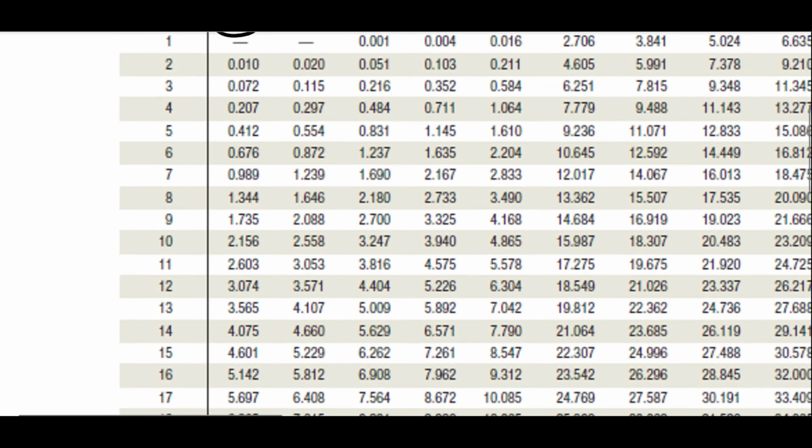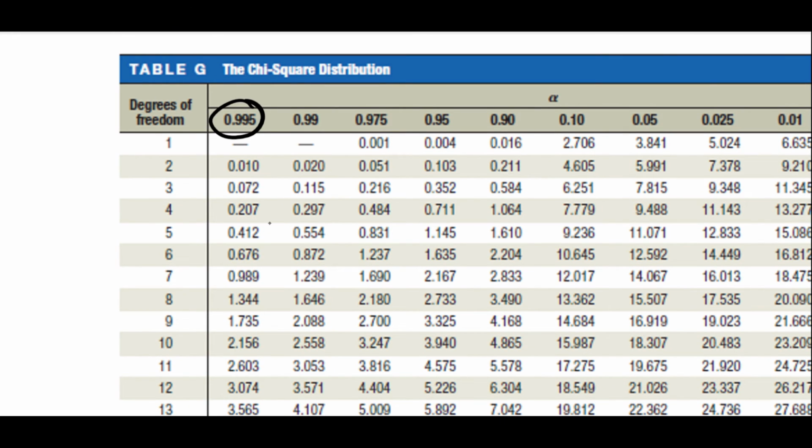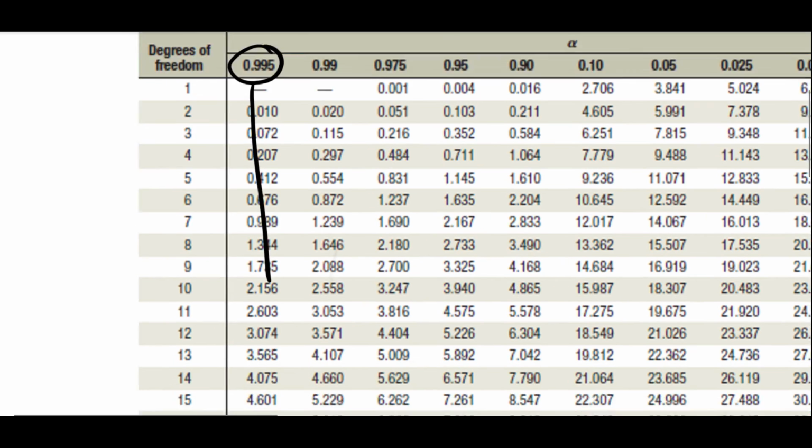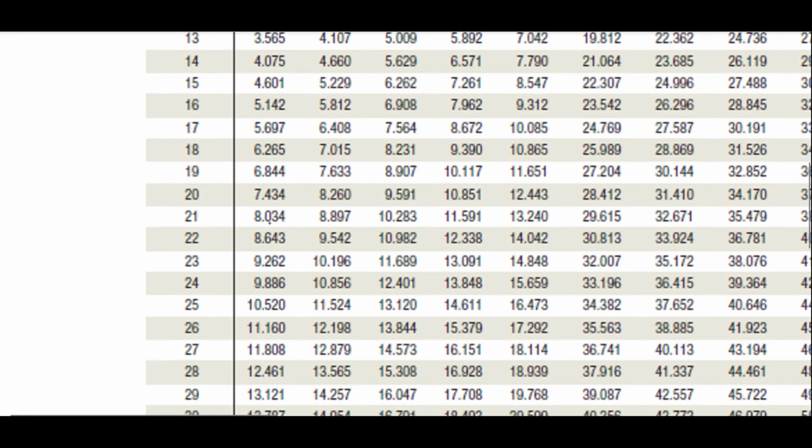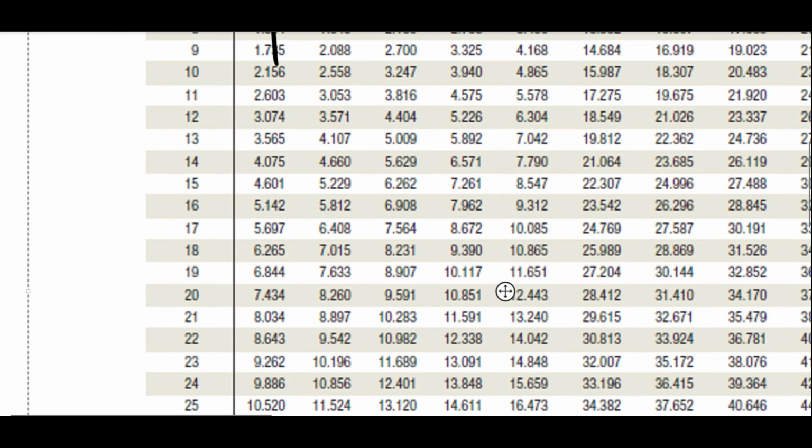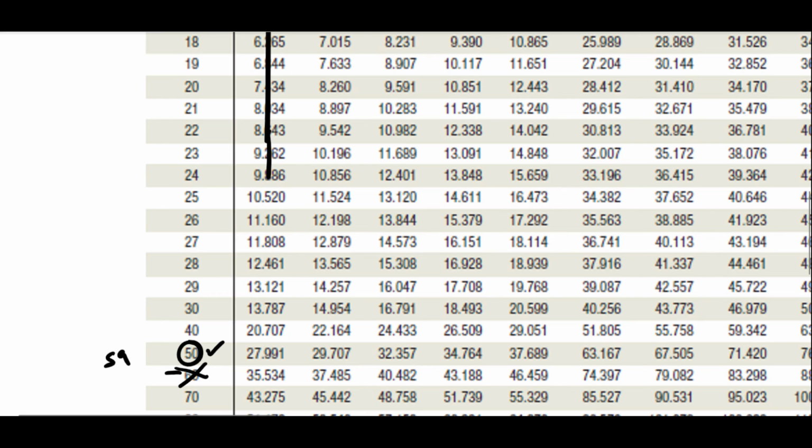And then 0.995. Let's look up that value first. That's going to be 27.991. Let's go ahead and write that down.